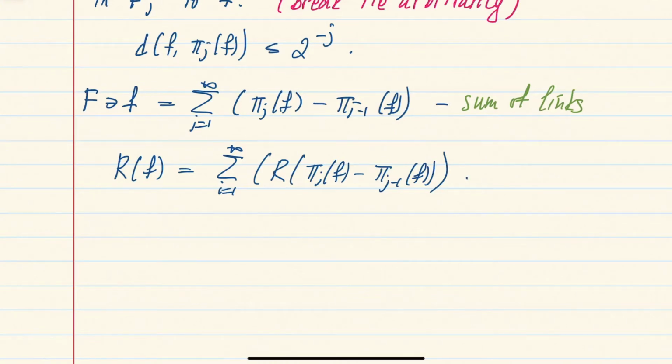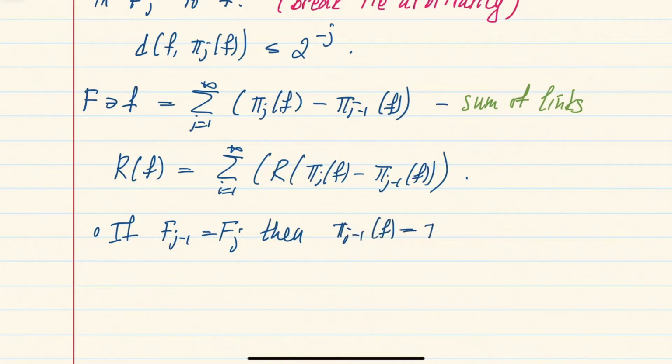Okay, now let us notice that if these two consecutive approximation sets are equal, then the projections will also be equal. So in particular, what we call the link between these two levels j-1 and j will be 0 for this function, or for any function.